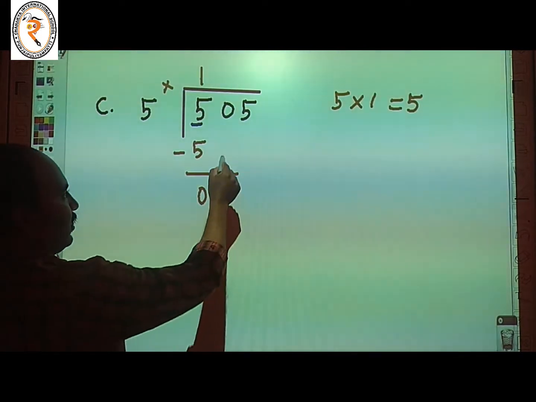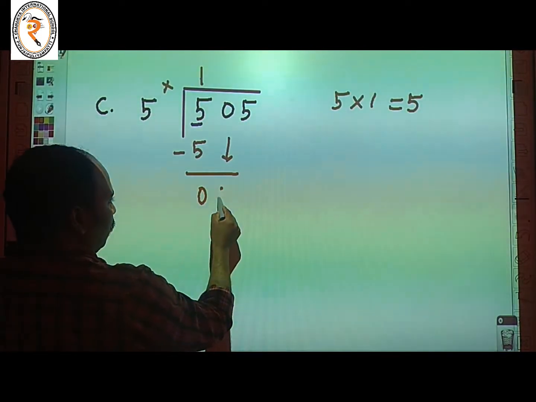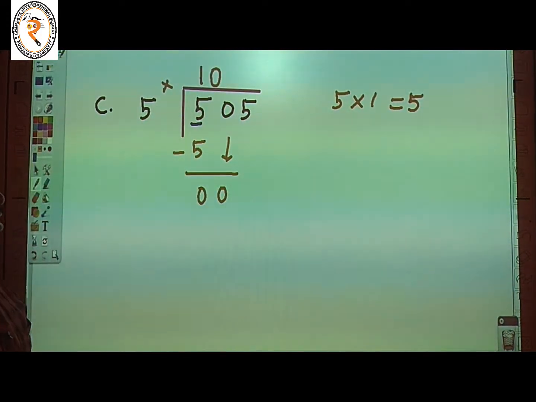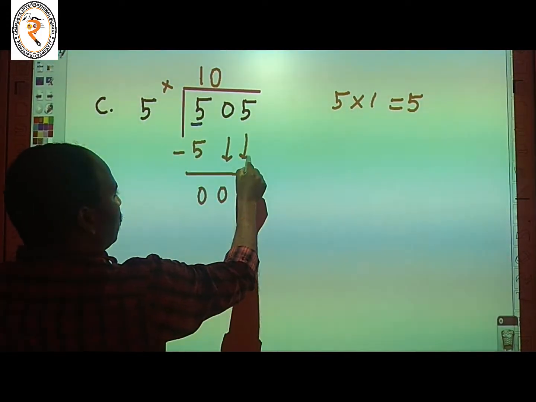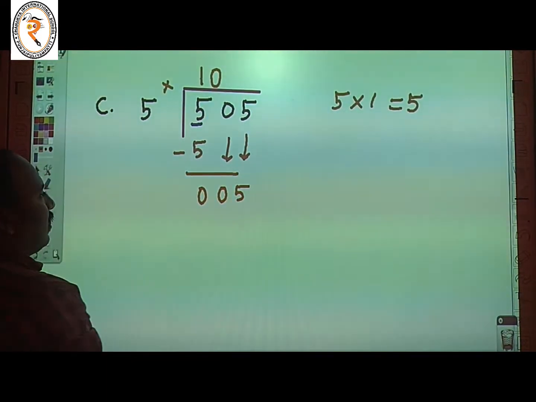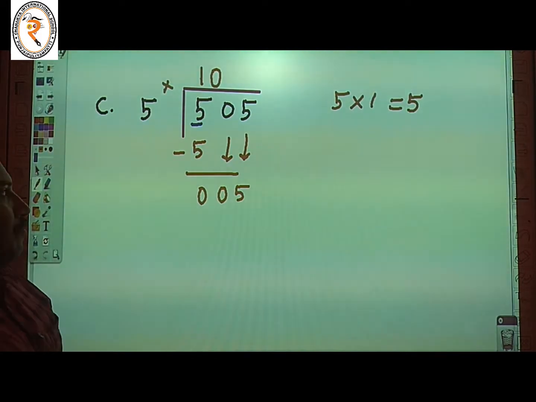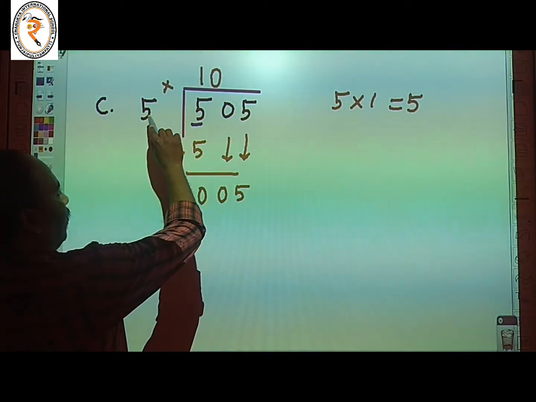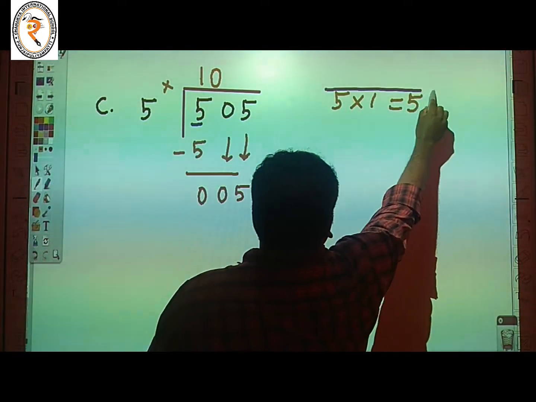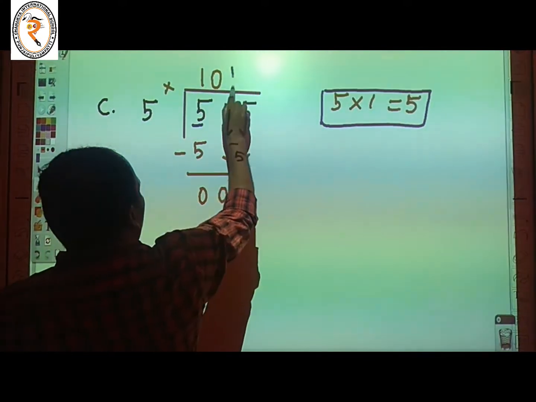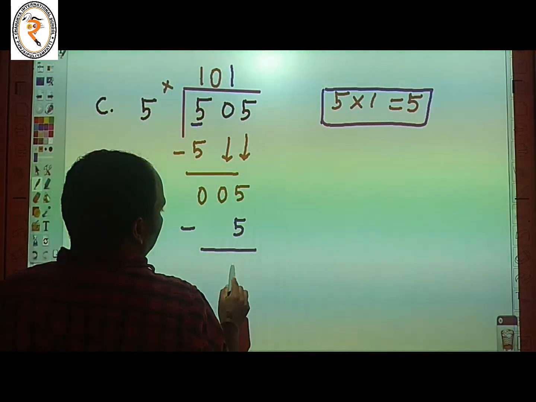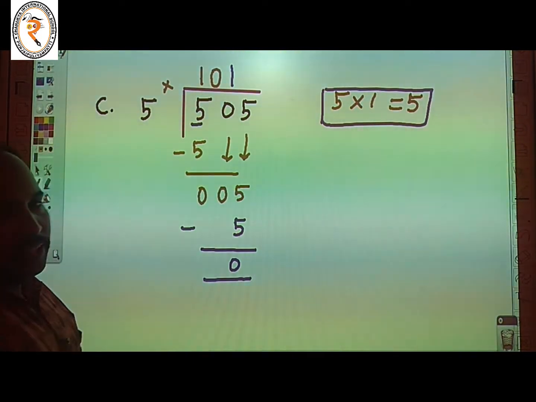And the next, the tens place, is also 0. So we add 0 to the quotient place. Then we go to the ones place. Here the ones place is 5. Bring down the number 5. Our new dividend part is 5. 5 into 1 is equal to 5. 5 minus 5 is equal to 0.